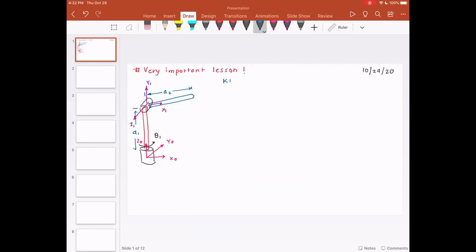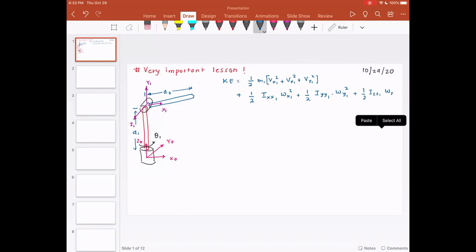So the kinetic energy was written as 1/2 m1 (vx1 square plus vy1 square plus vz1 square) plus 1/2 Ixx1 omega x1 square plus 1/2 Iyy1 omega y1 square plus 1/2 Izz1 omega z1 square. This is for the first link.